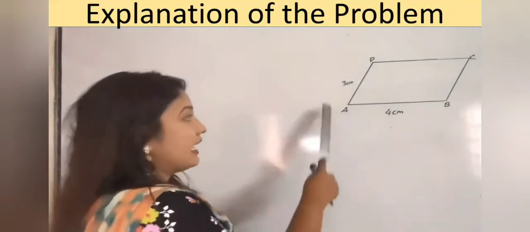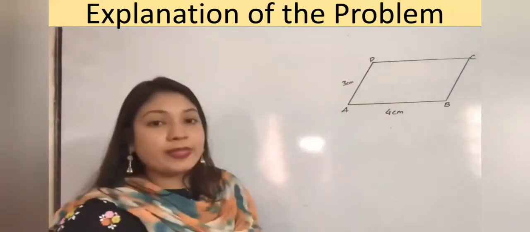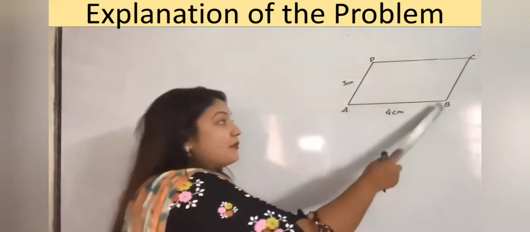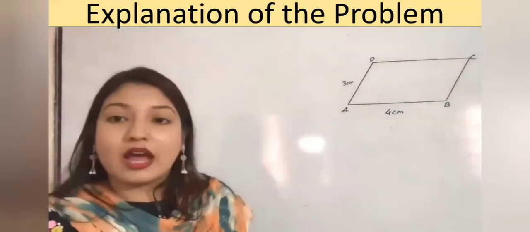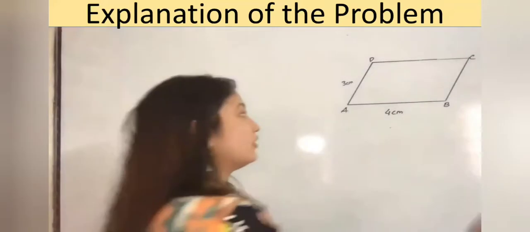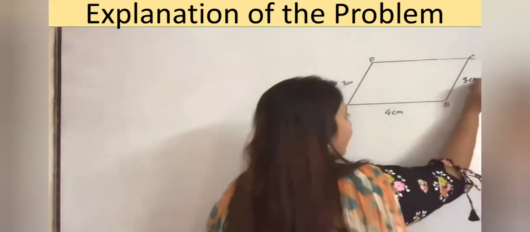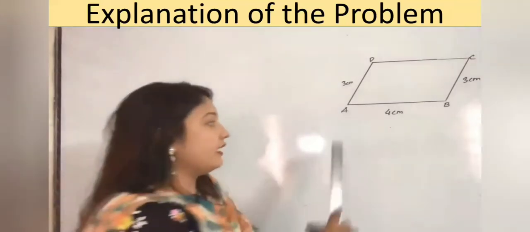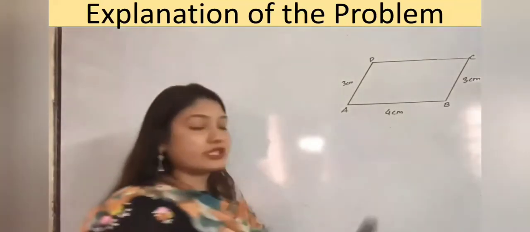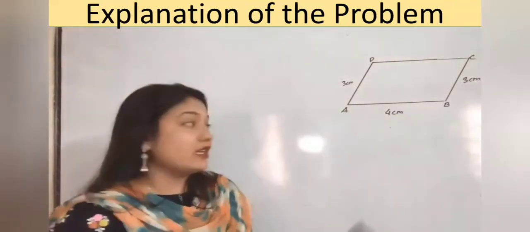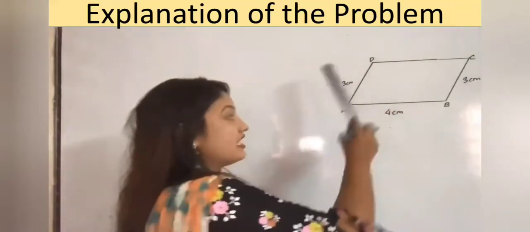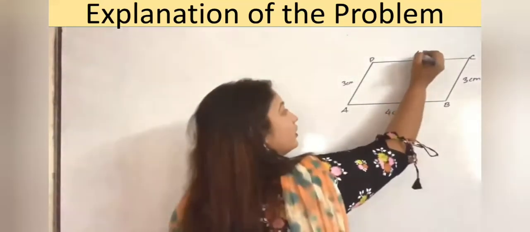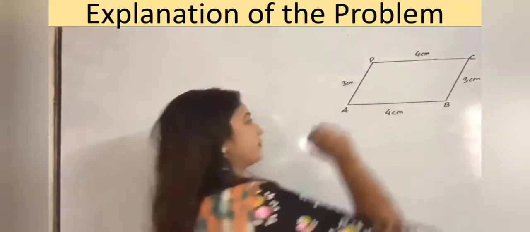See here, AD is 3 centimeter. Being opposite of AD, BC will be also how much, students? Yes, 3 centimeter. As in parallelogram, opposite sides are equal. Then here you can see AB is 4 centimeter. So being opposite of AB, CD will be also 4 centimeter.